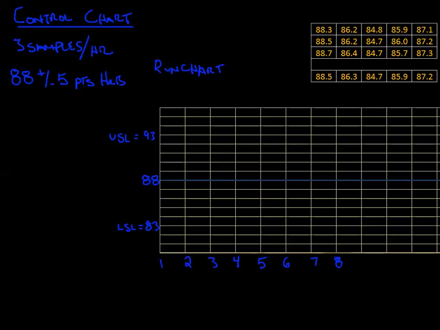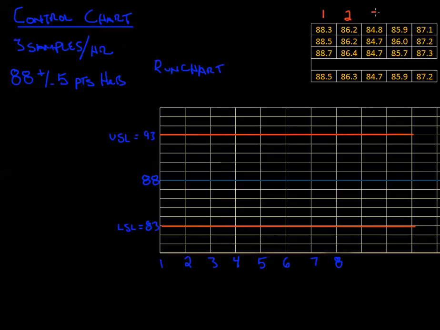Another characteristic of our run chart or control chart is going to be just a marking of that. So I'm going to put that red line there. That's our upper. This is our lower specification. So if our process is in spec, all of our values are going to fall on this chart between these 2 lines.